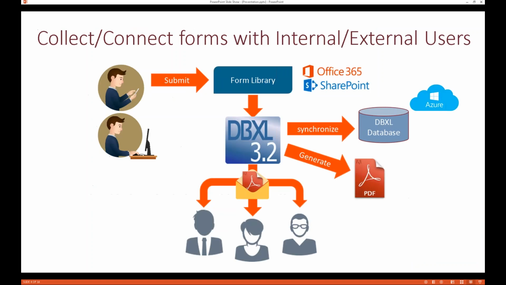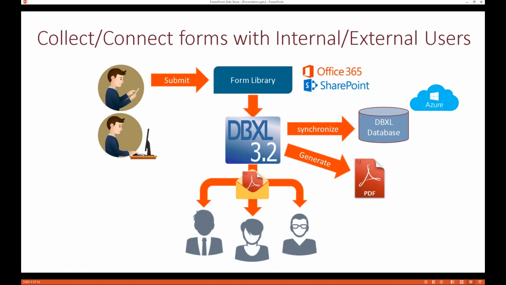So here's a quick slide on one scenario with DBXL. A person submits a form to a library in SharePoint that's synchronized via the web service to an Azure database living in the cloud. So it's 365 and Azure. You can also do this on-prem, obviously, with a local DBXL database.